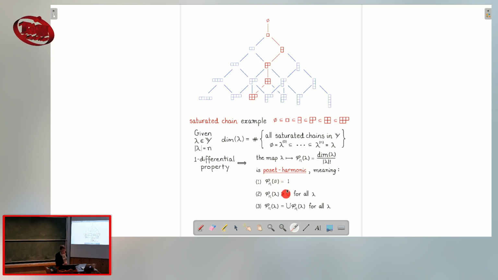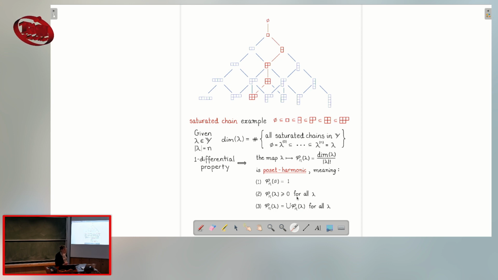It takes non-negative real values for all partitions, and phi agrees with the up operator applied to phi.